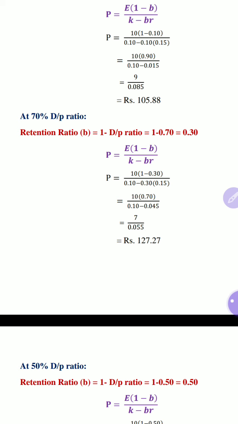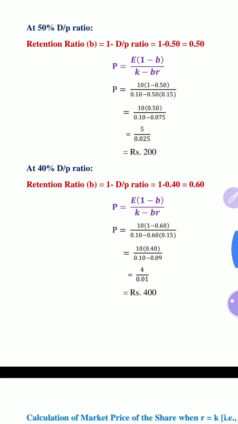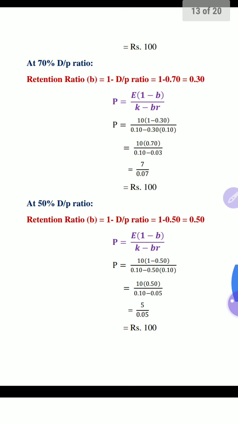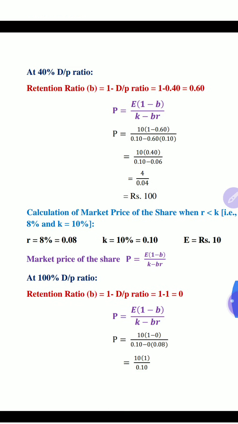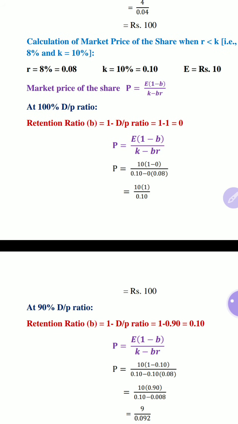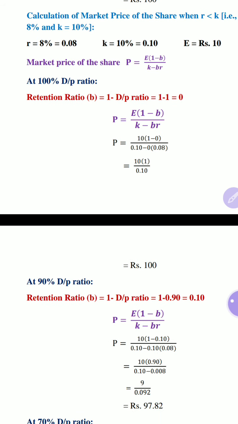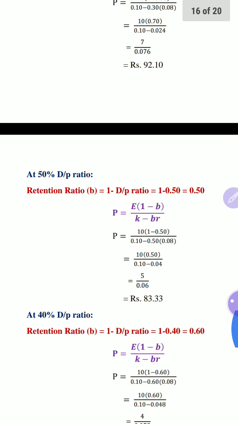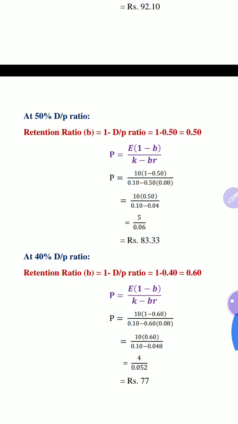When r is equal to K, the market price will be the same, and when r is less than K, look at the third case: when the dividend payout ratio decreases, the market price of the share also decreases.